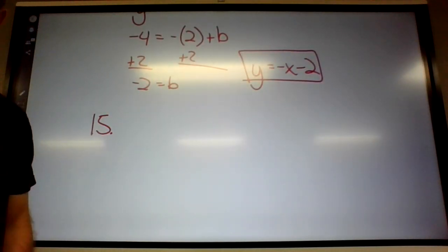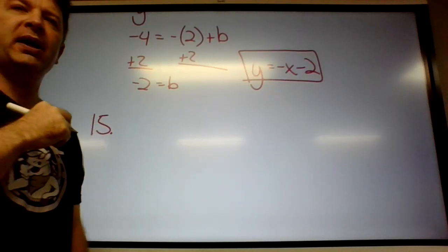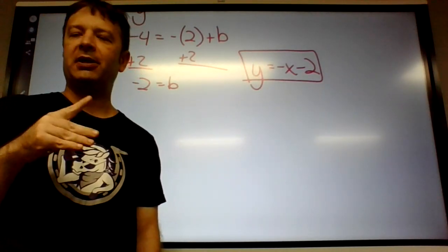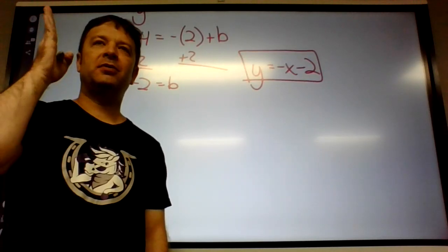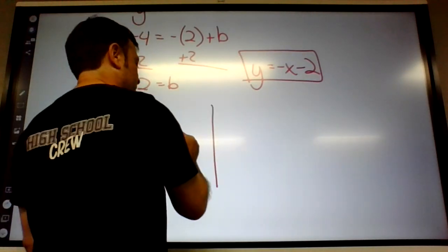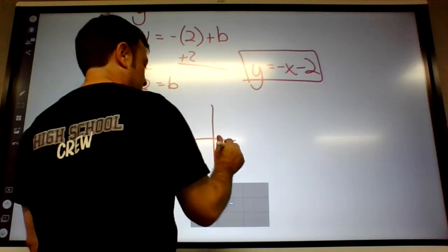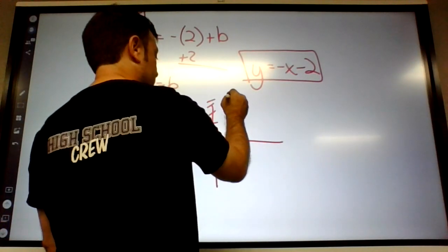Mr. Jordan, how would you do number 14 with an undefined slope? What kind of line has an undefined slope? A vertical line has no slope. It says the x-intercept is 2, that it's going through 2, 5.